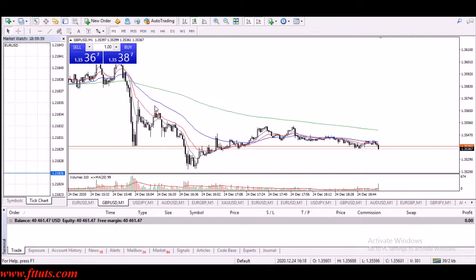So let's say you started to sell from here. Imagine that your order was almost here. You started to sell from here, stop loss above EMA 200. EMA 200 is going down much further. Now your stop loss is there. Now you are making these profits from here to there, because in a trend, EMAs always follow the price.